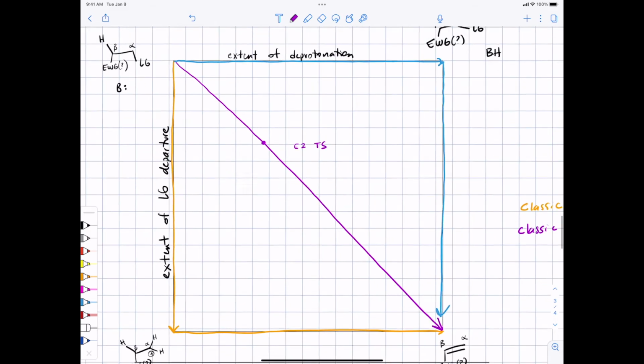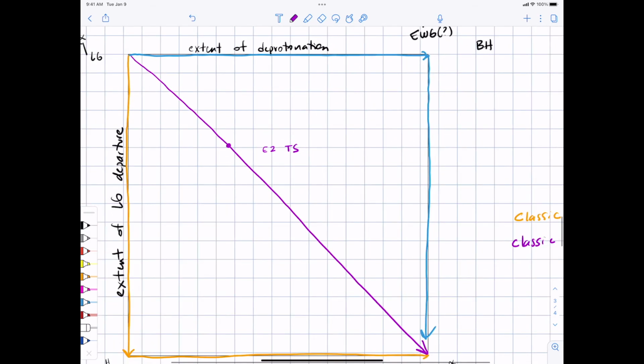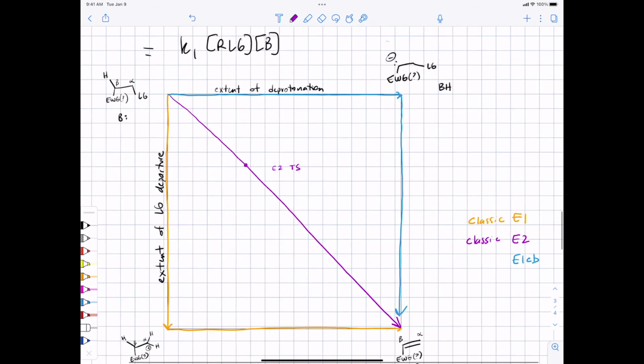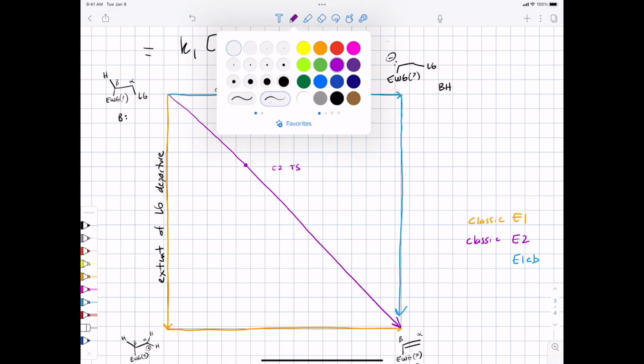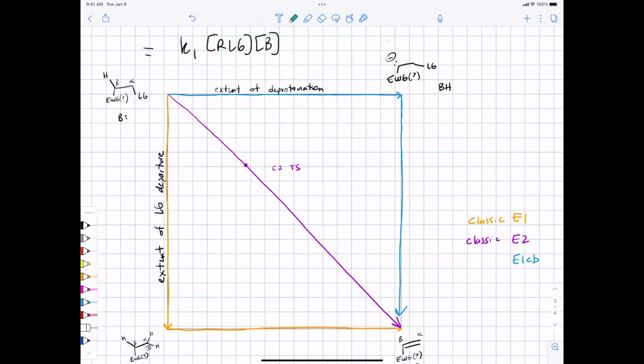Let's examine some different effects that might happen. I'm going to use colorful arrows for this purpose, and we may run out of colors. So let's use this green color for, let's say that we use a stronger base.